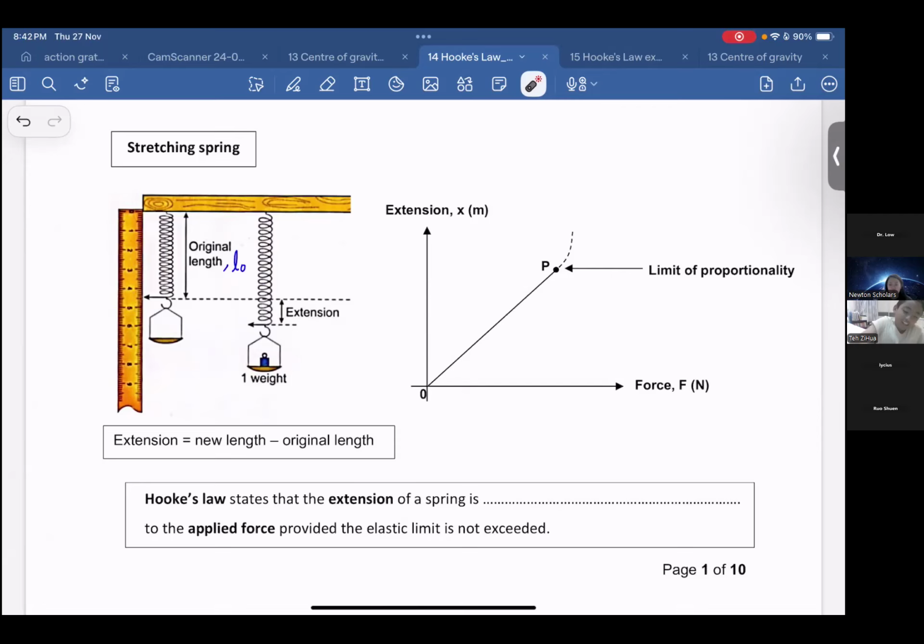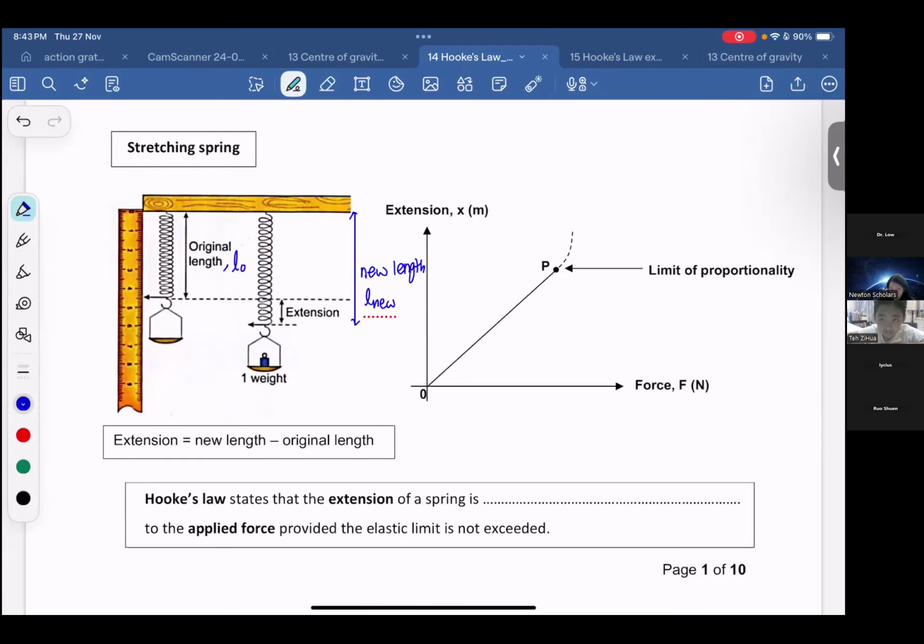It becomes longer. So here, we measure the length again until here. This is called new length. Maybe we can label it as new.